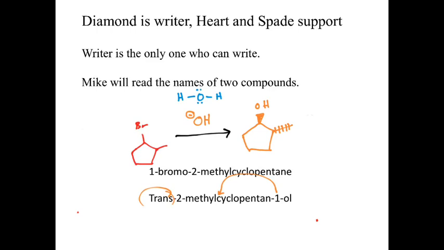That starting material, we said we haven't specified wedges and dashes, which means the end result of using hydroxide could be wedged or dashed, in which case hydroxide is wrong. It doesn't complete the reaction as shown.